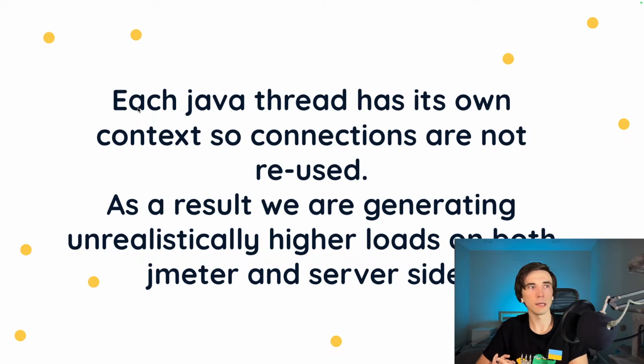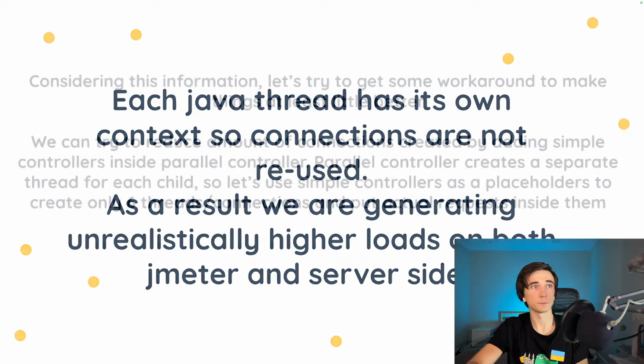My understanding is that they need to be reused for one user, as it works in a browser. Because of the current implementation, connections are not reused, so we are generating unrealistic overhead on our load generator and on the server side which we are testing.